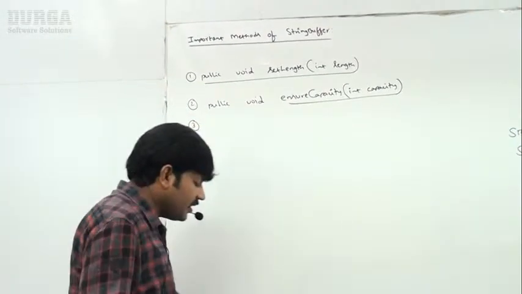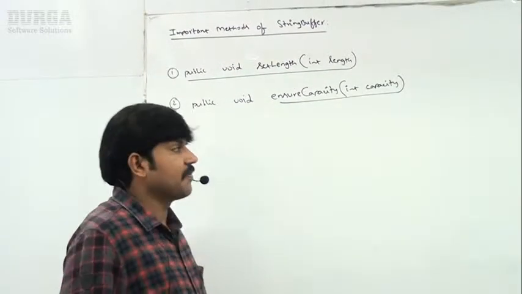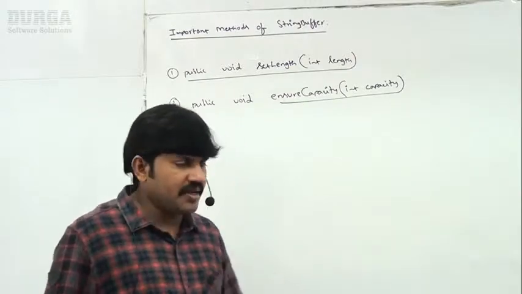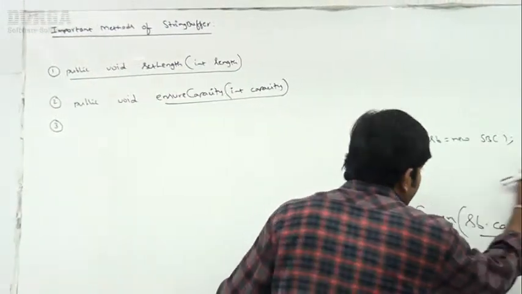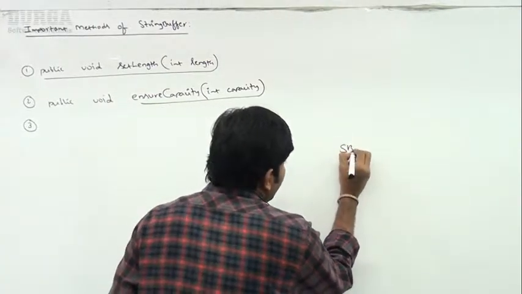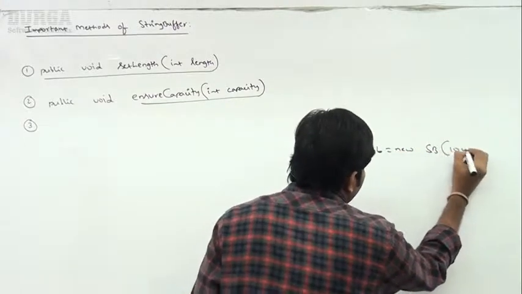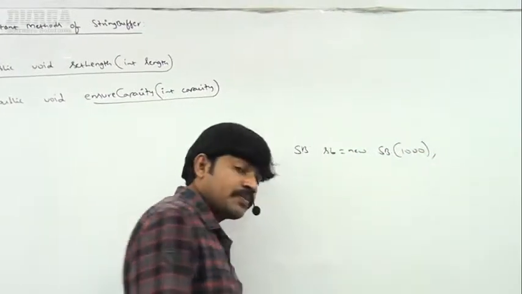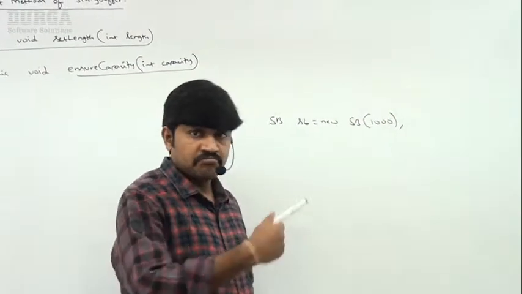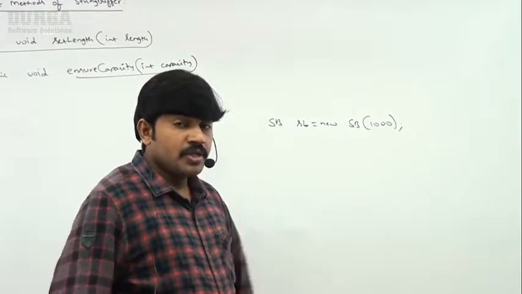What is the next method? A very important method, take special care. I will explain a scenario so that you can understand easily. I'm taking StringBuffer sb is equal to new StringBuffer of 1000. What is the capacity of this StringBuffer? 1000.